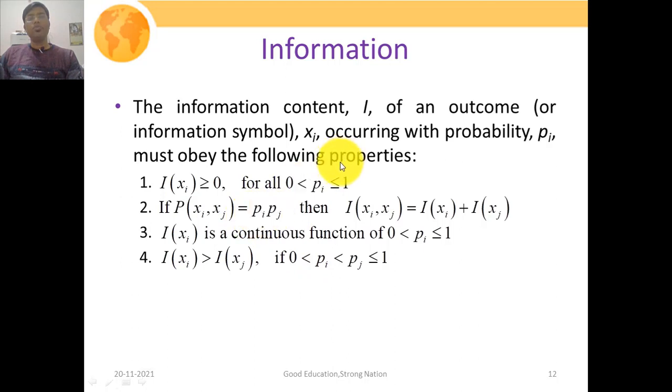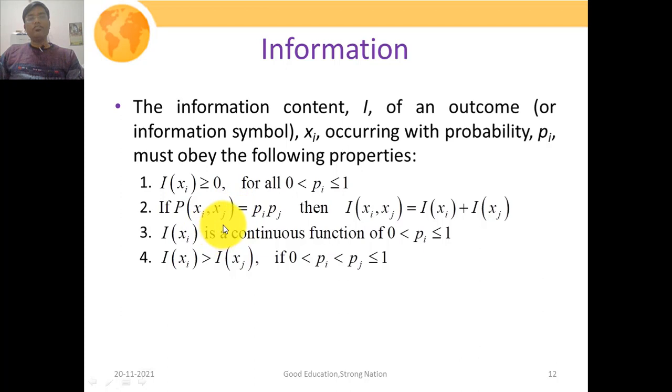It must obey the following properties. The information I of xi will always be greater than or equal to 0 for all values of pi lying between 0 and 1, since it is a probability and will always lie between 0 and 1.